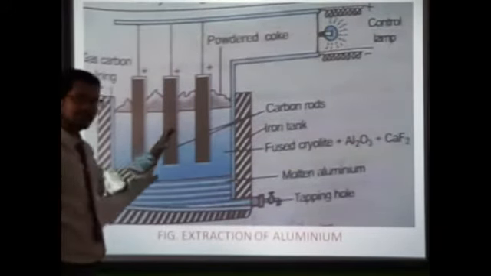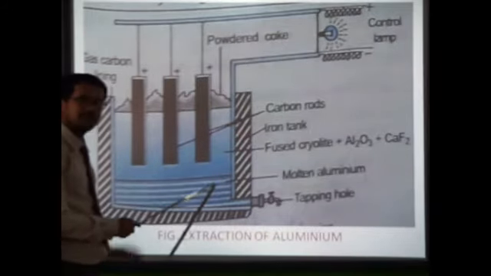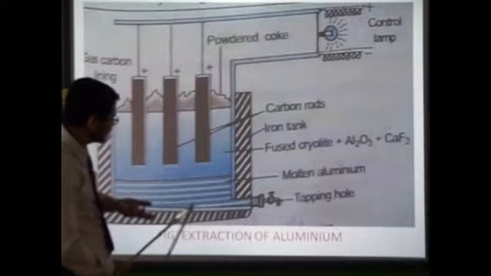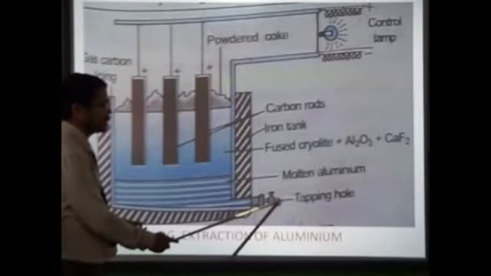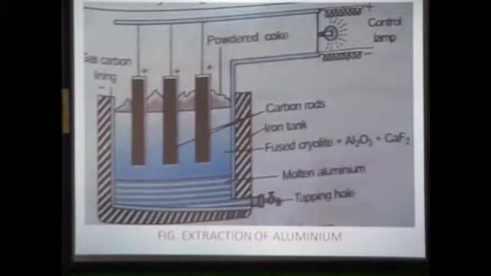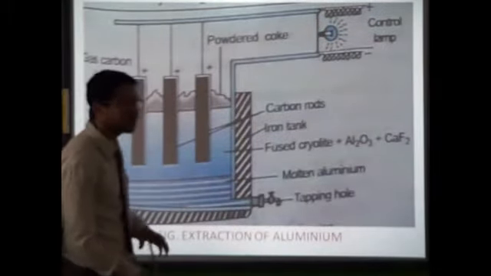Whenever this process goes on, alumina starts melting. Then fused aluminium can be collected through this tap. So this is the tapping hole.